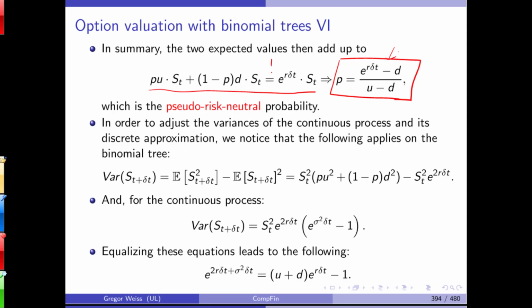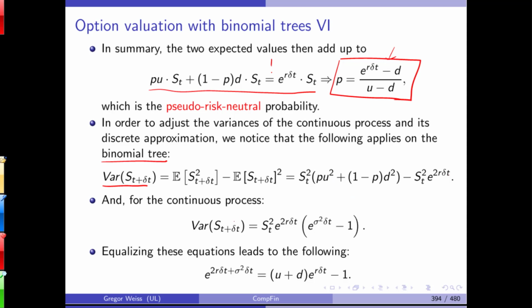Now, expectations match. In order now to adjust the variances of the continuous process and the discrete approximation, we can see that the following holds. On the binomial tree, the variance of S_{t+Δt} is given by the expectation of the squared variable minus the squared expectation of the variable, and this is equal to S_t squared times p u squared plus and so on and so on.